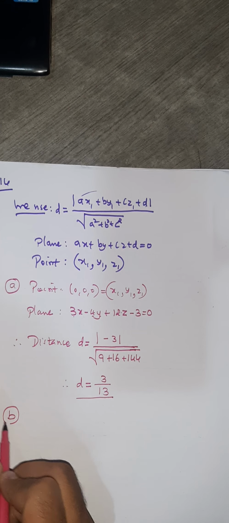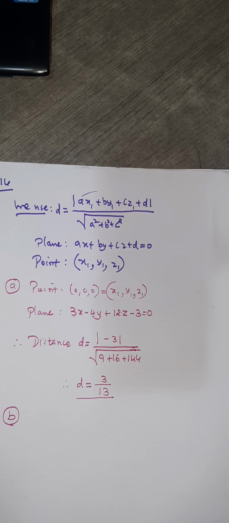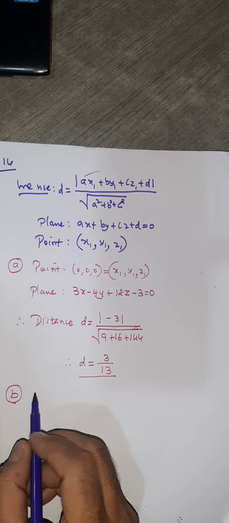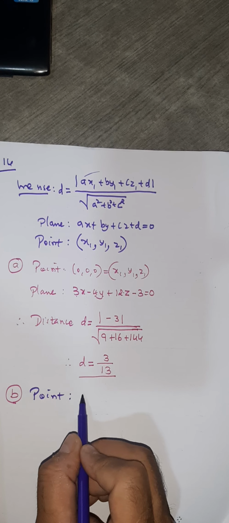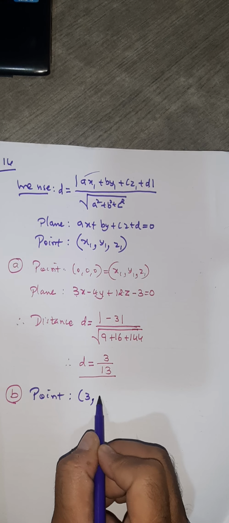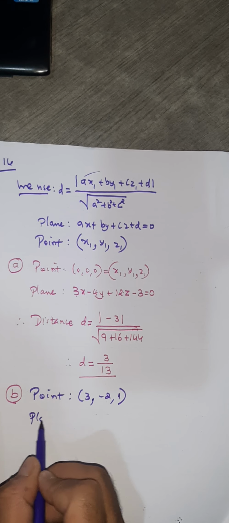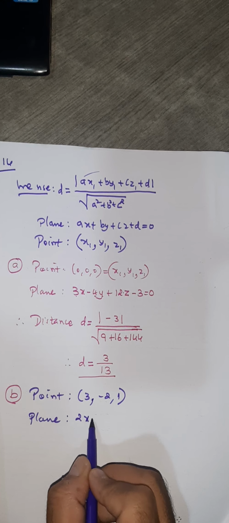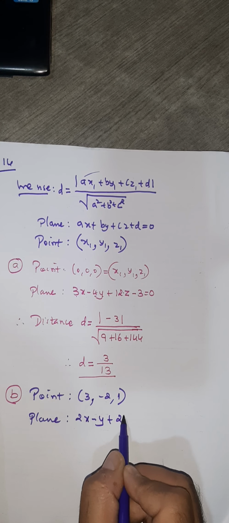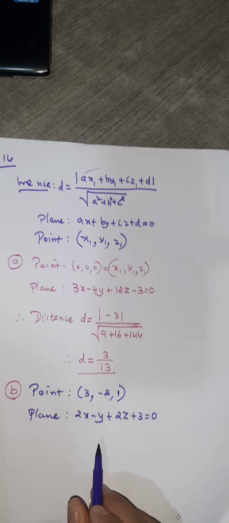Second sub question. In the second sub question, which fixed point are you given? Your point is 3 comma minus 2 comma 1, and the plane is given by which expression? 2x minus y plus 2z plus 3 equals 0.